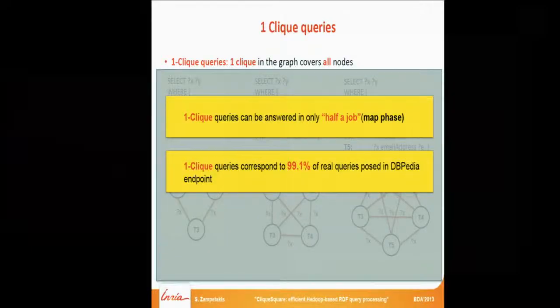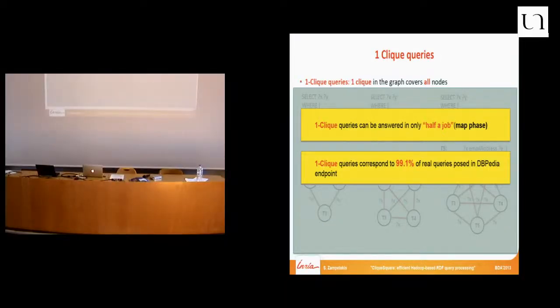It is because these queries can be answered very efficiently because of our partitioning scheme, in, let's say, half a job, in the map phase of a MapReduce job. And based on the study that we conducted on queries posed in the BDA endpoint, we have seen that 99.1% of them are one-clique queries.